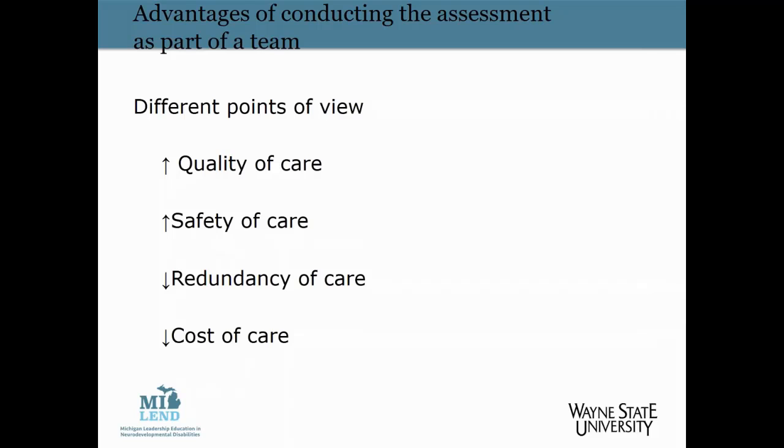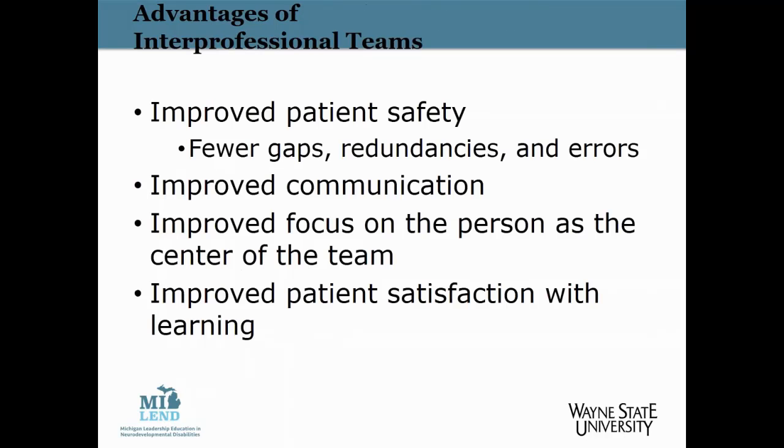And I think our team A, B, and C very clearly demonstrated that when they were discussing their own roles as well as the role play that they had, how they would be able to provide better care for Jenny. The other advantages that we wanted to make sure that we communicate with you were errors going down and fewer gaps in care, and improved communication between the team.